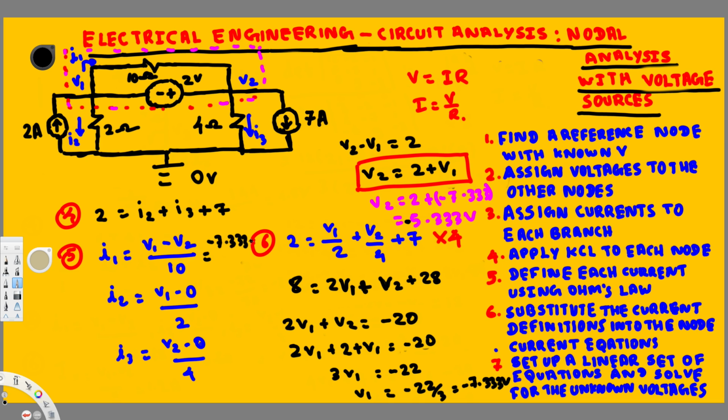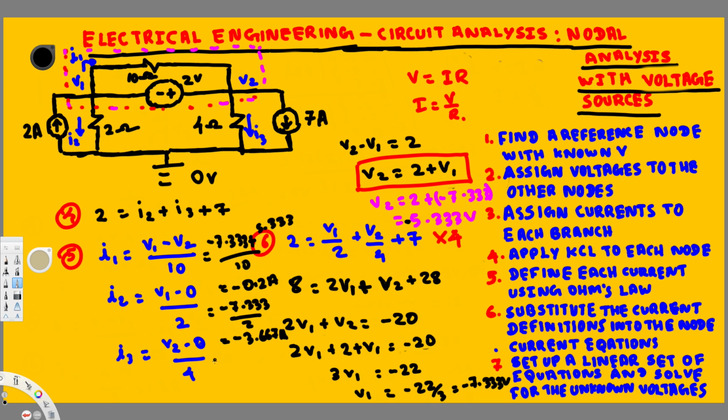So this is going to be plus 5.333 divided by 10, and if you calculate this you should get negative 0.2 ampere. And here we are going to have V1, that is negative 7.333 volts divided by 2, and if you do that, you will get negative 3.667 ampere.